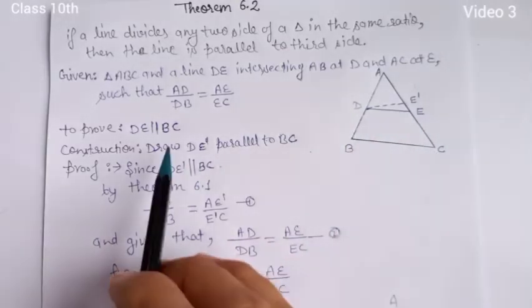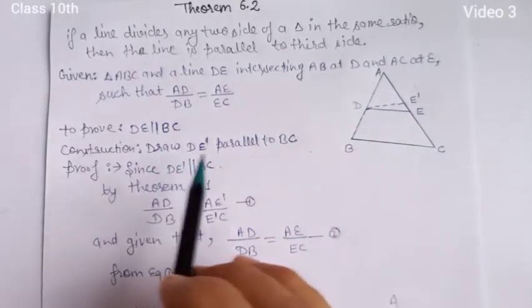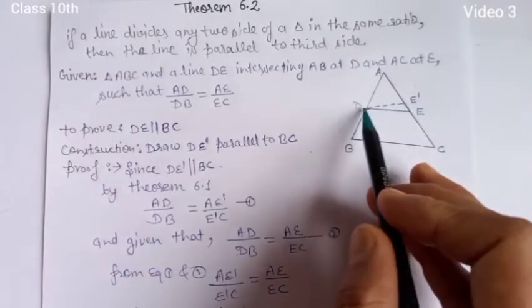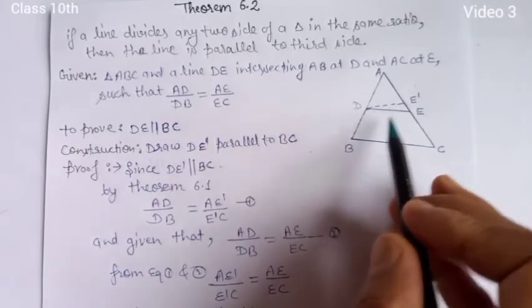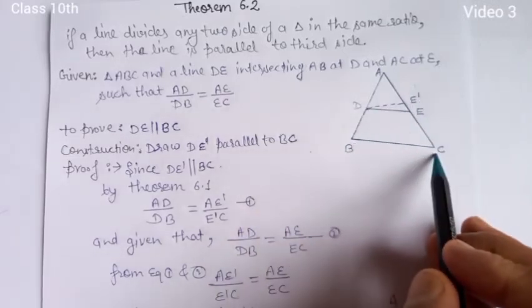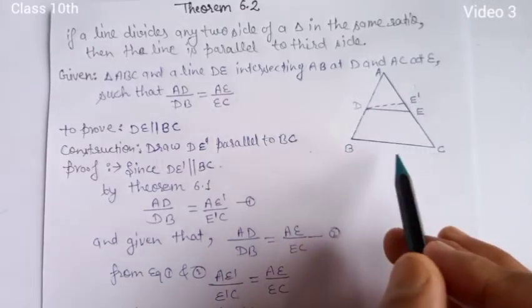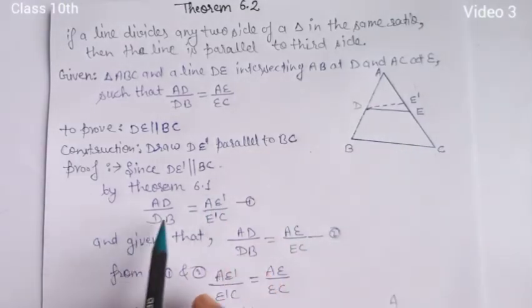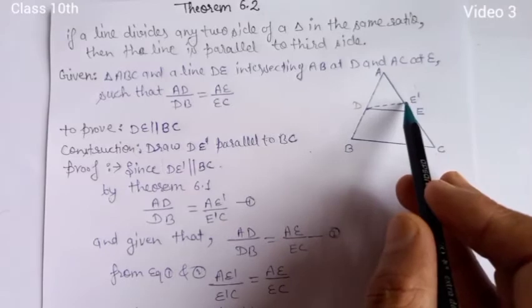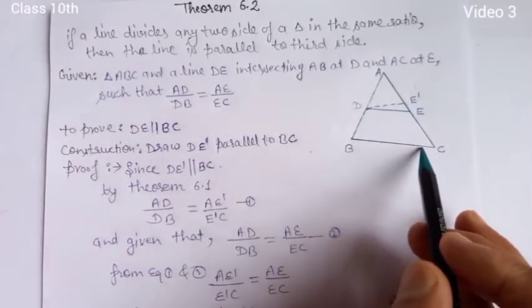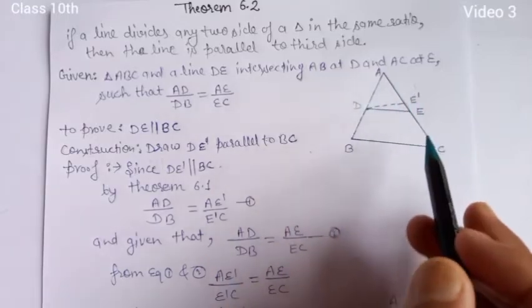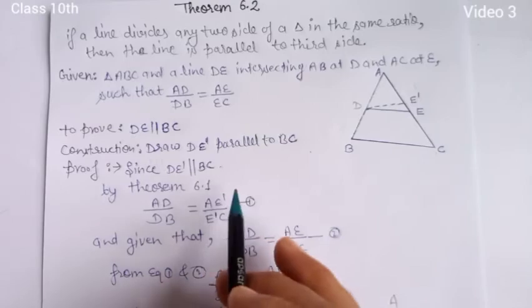Now do a construction. Draw DE dash and assume that DE dash is parallel to BC. As you know in theorem 6.1, if a line is parallel to one side of a triangle, it divides the other two sides in the same ratio.